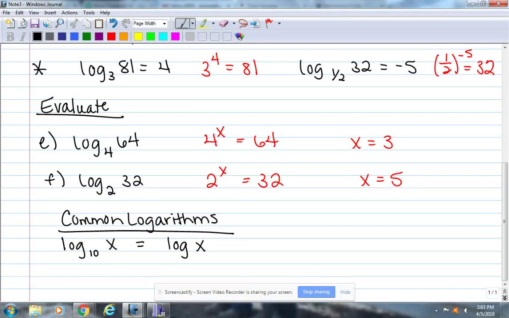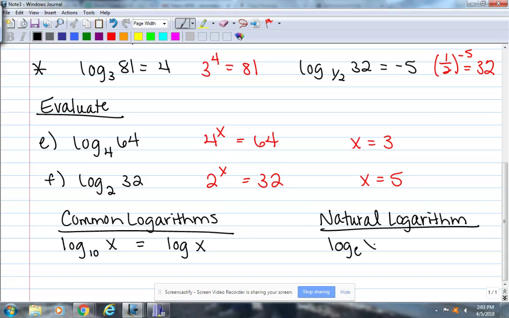Now, we talked about the number e yesterday, didn't we? And so to take a logarithm of e, we call that the natural log. E is the natural one. Log of base e is called the natural log, so we call it ln.